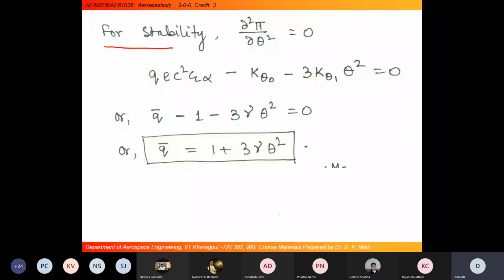In this case, as we have taken the work done first and then the potential energy, this has to be less than or equal to 0 for stability, and also for equilibrium. So Q bar should be less than or equal to 1 plus 3 gamma theta square.